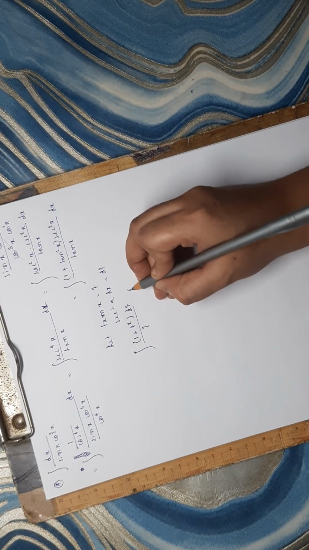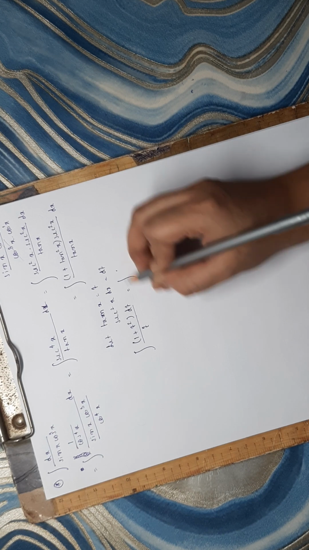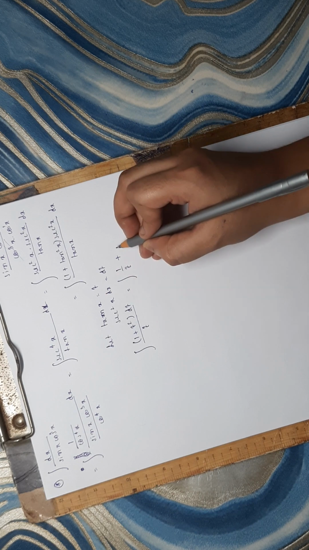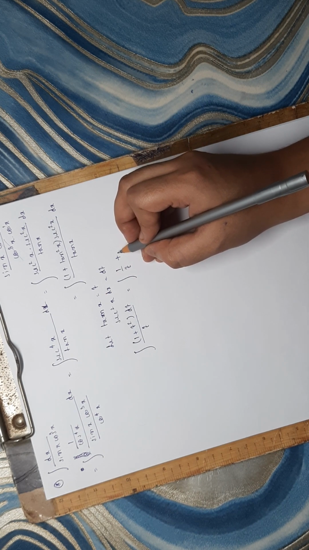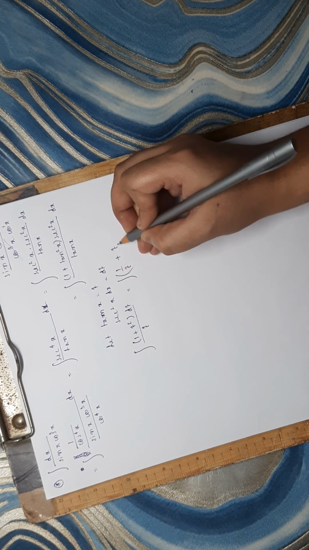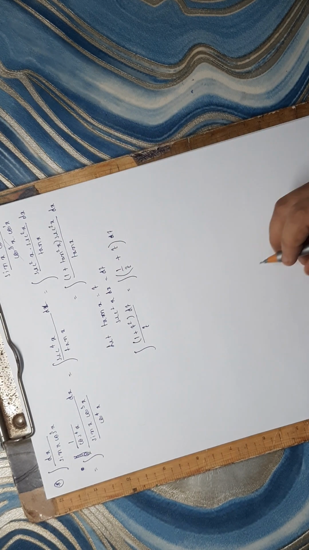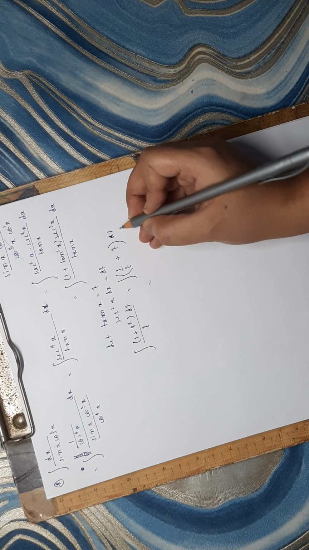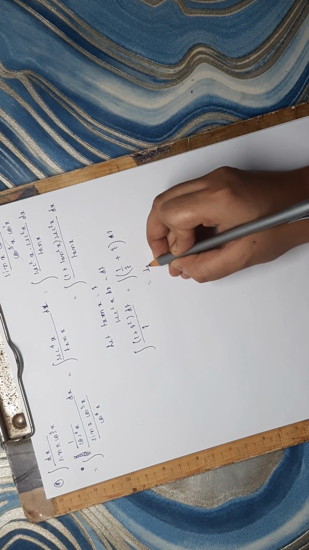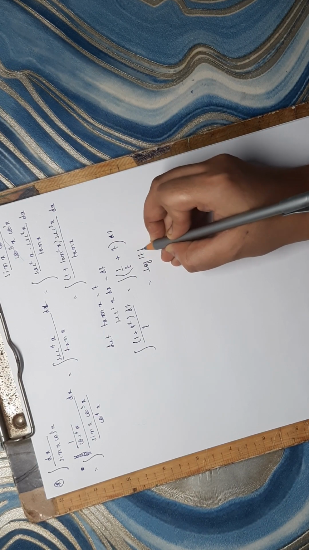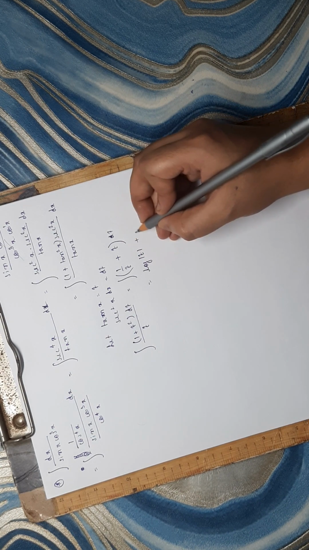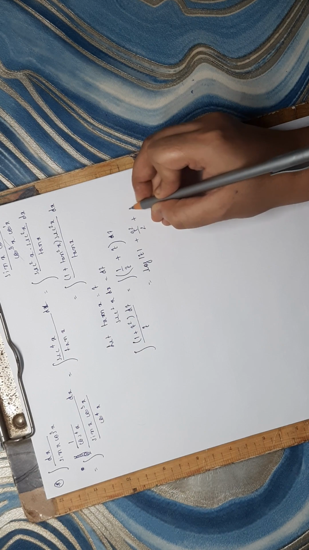Now, 1 by t this will become, and this becomes t square by t, which is nothing but t into dt, right? And now you can solve it, because integration of 1 by t dt is nothing but log of mod t, plus t square by 2 plus c.